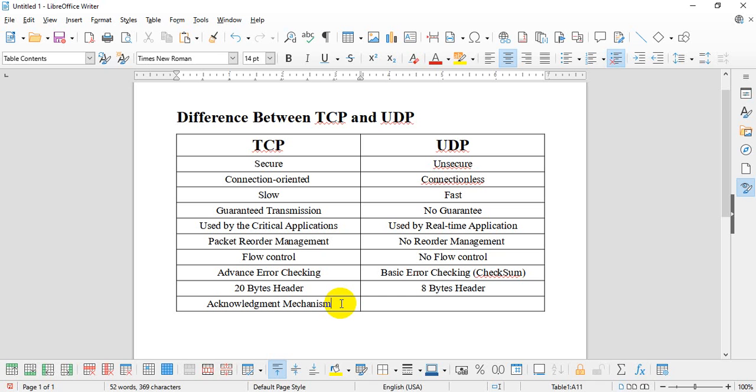If SAM sends message 1, RAM will receive message 1 and say, hey buddy, I have received the message you have sent me. Then SAM says, I have sent message 1, did you receive it? And the receiver says, yes, I have received message 1. Again SAM sends another message, message 2.